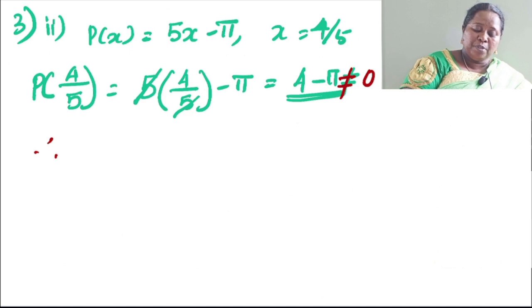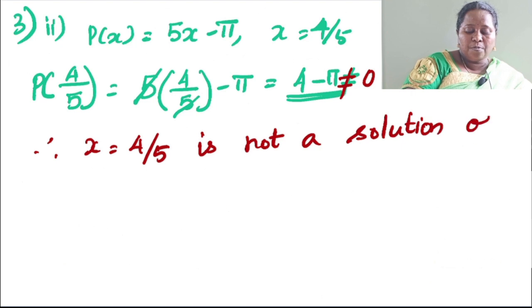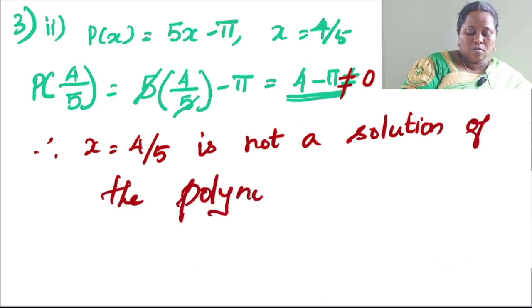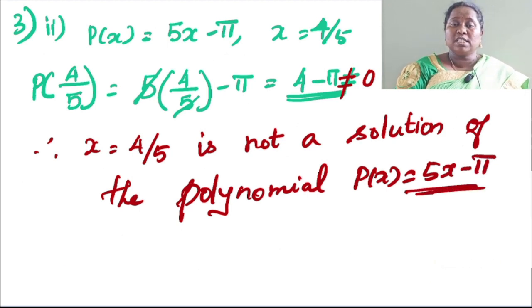Therefore, x is equal to 4 by 5 is not a solution of the polynomial p of x that is equal to 5x minus pi. I will repeat once again. The given p of x is equal to 5x minus pi.